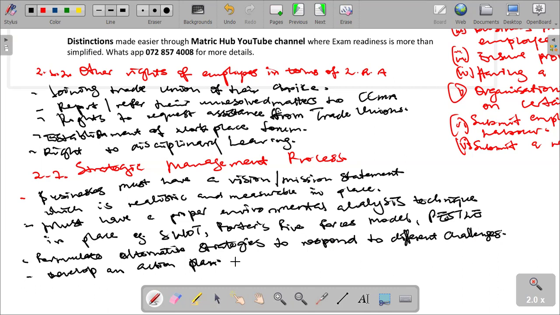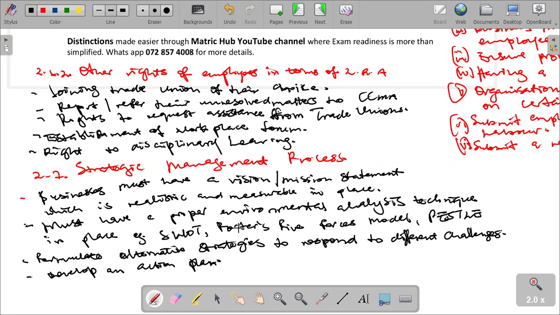It can be resources that need to be procured or bought. Those must also be indicated, identified and given.